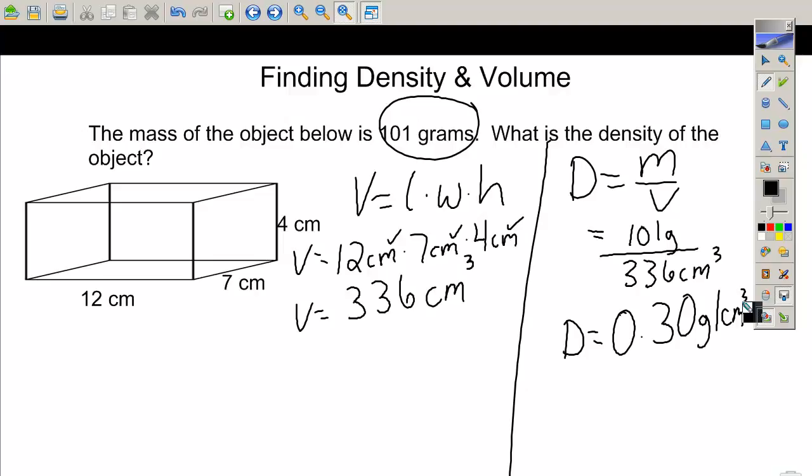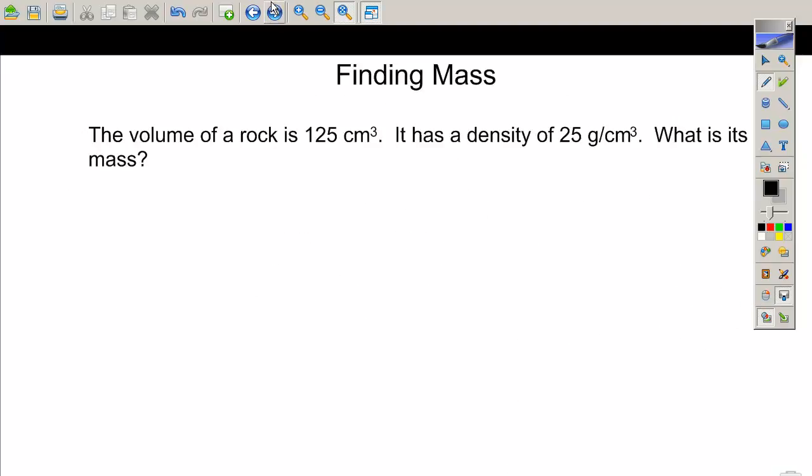Next, we're going to try to move through this a little bit quickly, is finding the mass. When we find the mass of an object, we need to take the volume and multiply it by the density. So, mass equals volume times density. In our problem here, the volume of a rock is 125 cubic centimeters. It has a density of 25 grams per cubic centimeter. What is its mass?